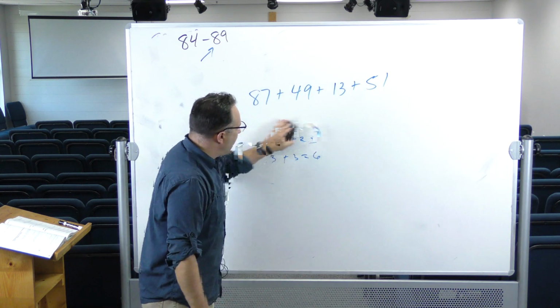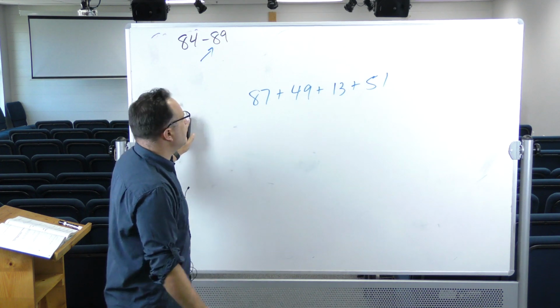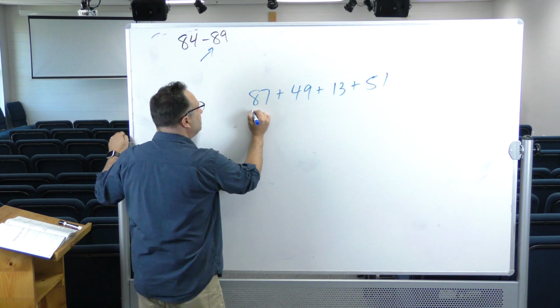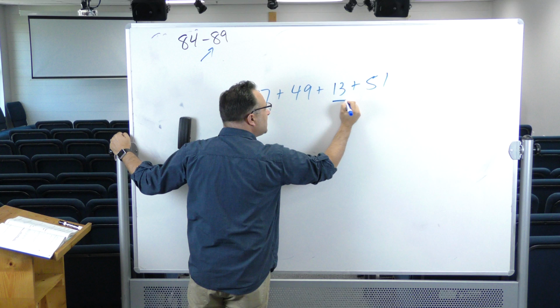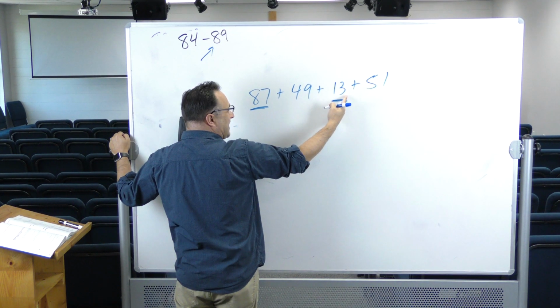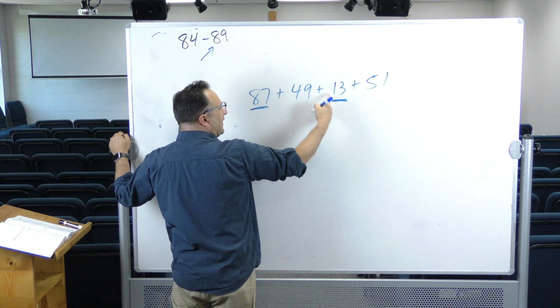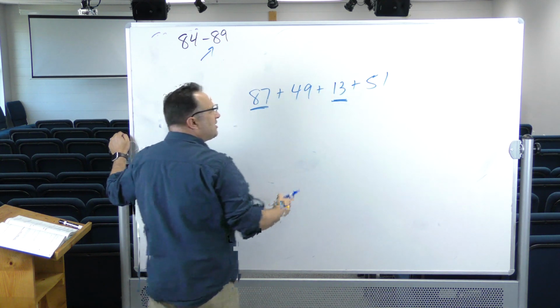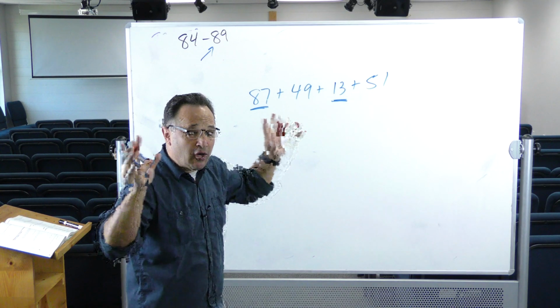So with that in mind, I'm seeing this 87 and this 13. In my mind I'm thinking a 7 and a 3 will end up with 10, so 87 plus 13 is going to equal 100. I'm doing this in my mind now.